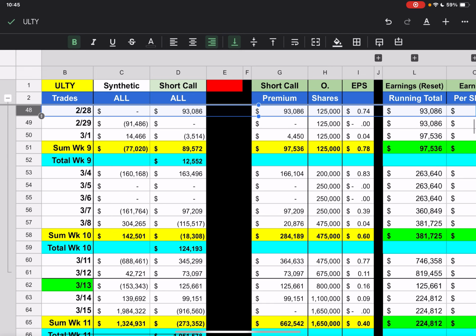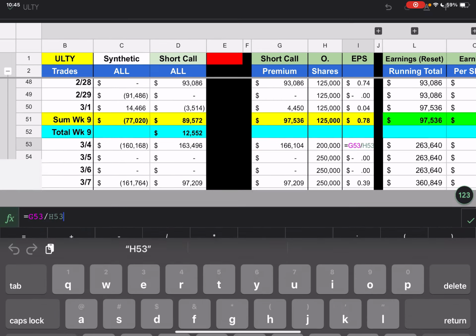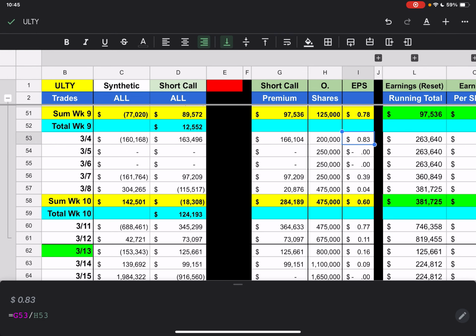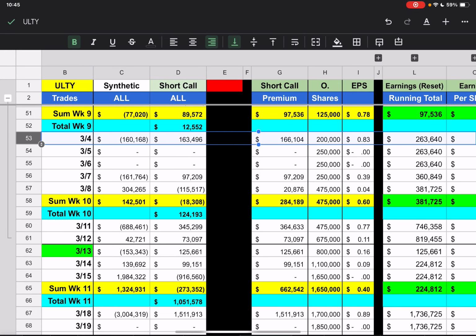But anyway, let's just look at this line. If they earned 166,000 in premium on Monday, which is where most of their days will probably be for premium, they only had 200 outstanding shares that day. So for that day, it shows 83 cents earned per share from that premium.